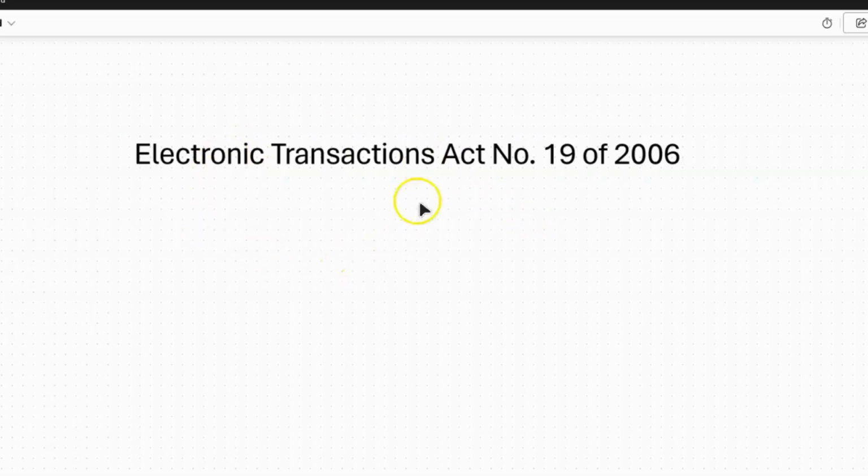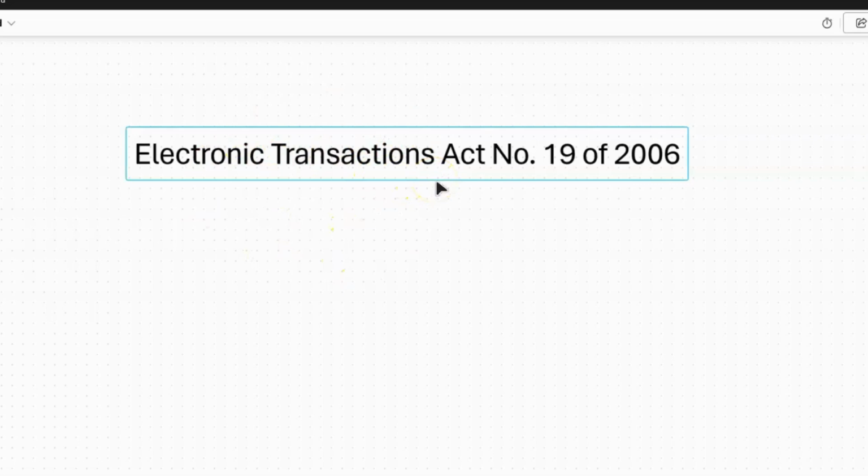What are the objectives of the Electronic Transactions Act? There are four main objectives. First one, promote e-commerce. It means remove legal barriers so people can safely do business online.